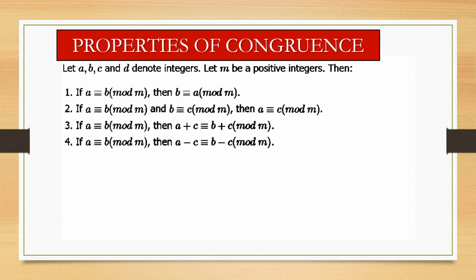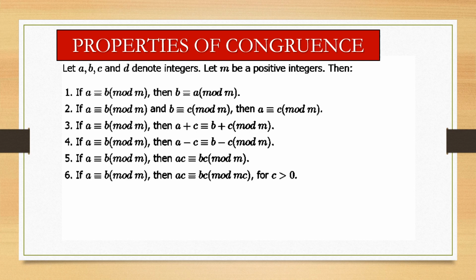In the same way, a minus c is congruent to b minus c modulo m. If a is congruent to b modulo m, then ac is congruent to bc modulo m. If a is congruent to b modulo m, then ac is congruent to bc modulo mc if c is greater than 0.